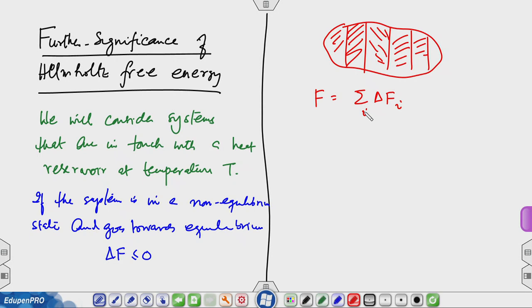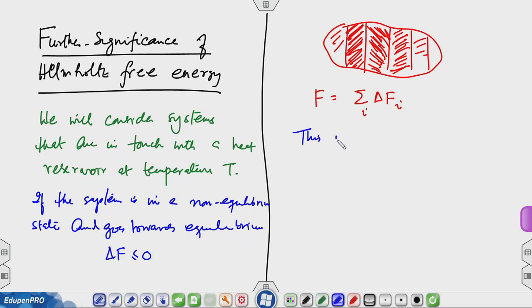And considering that the gradients of whatever properties are inside are not strong enough, they do not contribute to the free energy. Only the values of those properties, V or T or whatever, in these small sections give the free energy. So, that is how one can think of this. If a system is changing spontaneously, it is going towards equilibrium, this is what happens. Let us show this.